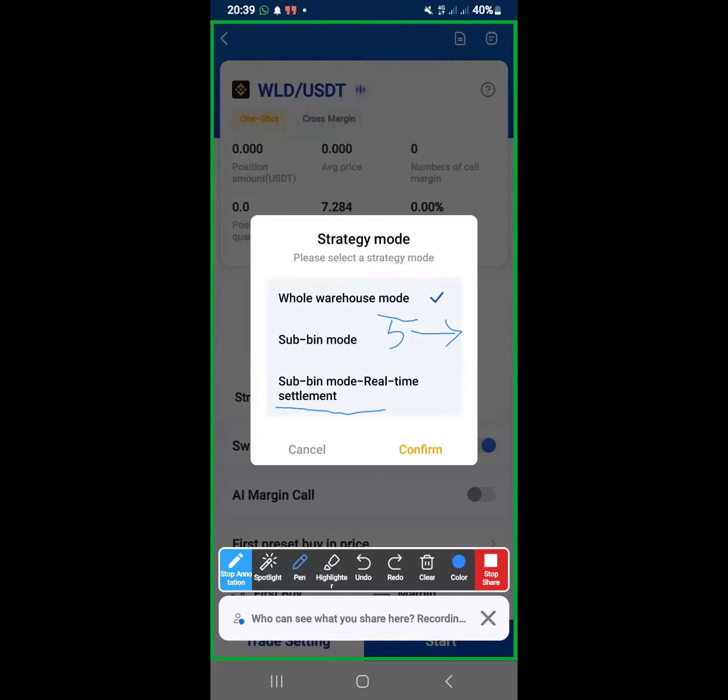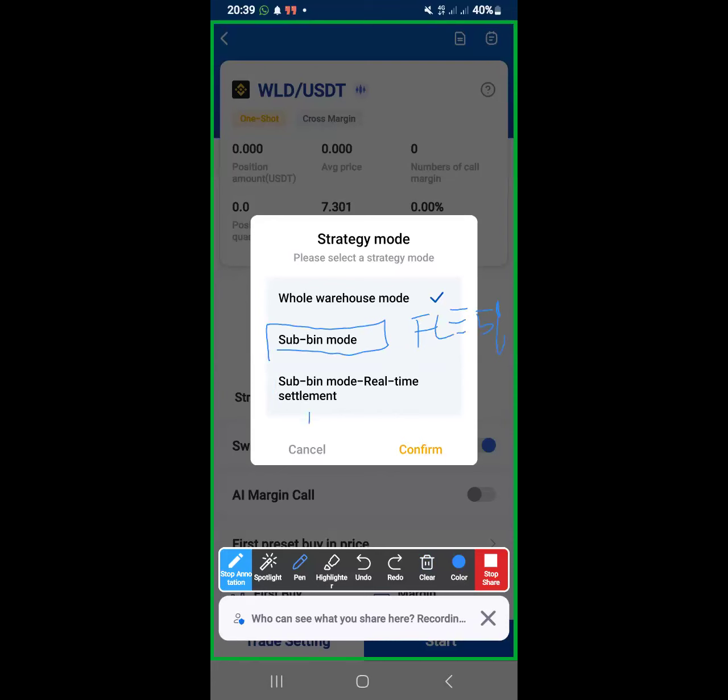But here, whenever the robot buys, assume the floating loss was 5% negative, right? And then your strategy mode is in the sub-bin mode.